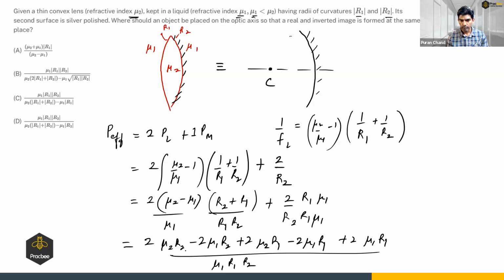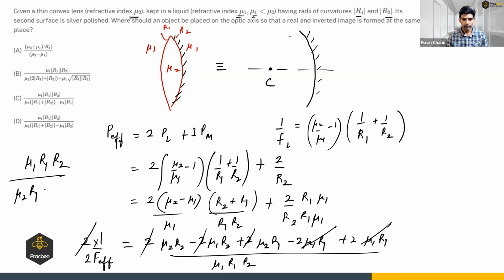The mu1 R1 terms, these two, right? And this will be 1 by F effective. And if I multiply this by 2, basically we have to find 2 times F effective, that will be the radius of curvature. So let us take this 2 and cancel this. So we are getting mu1 R1 R2 upon (mu2 R1 plus mu2 R2 minus mu1 R2), right?